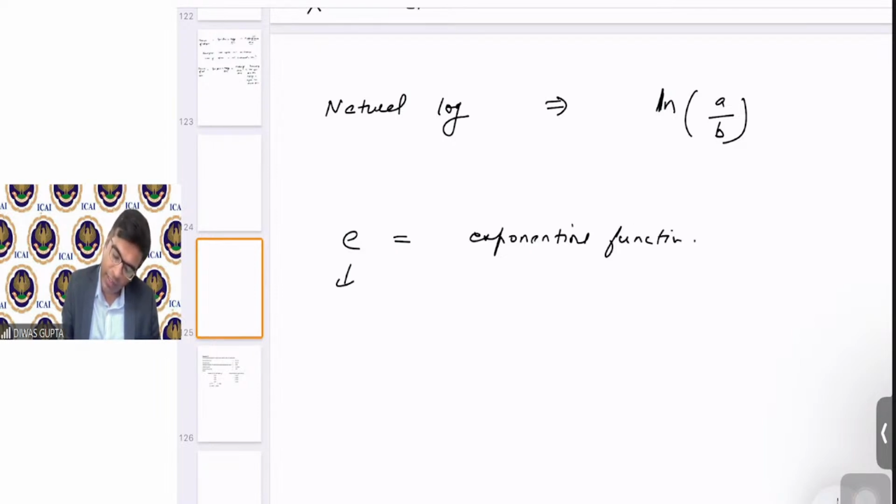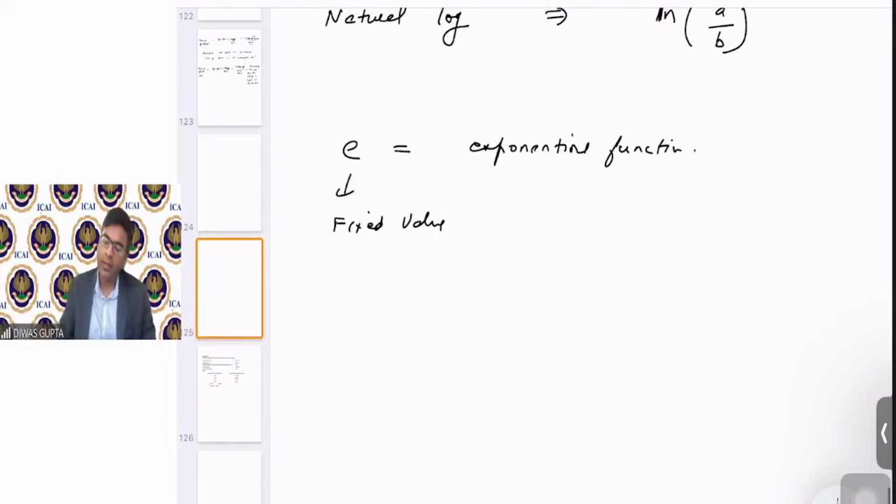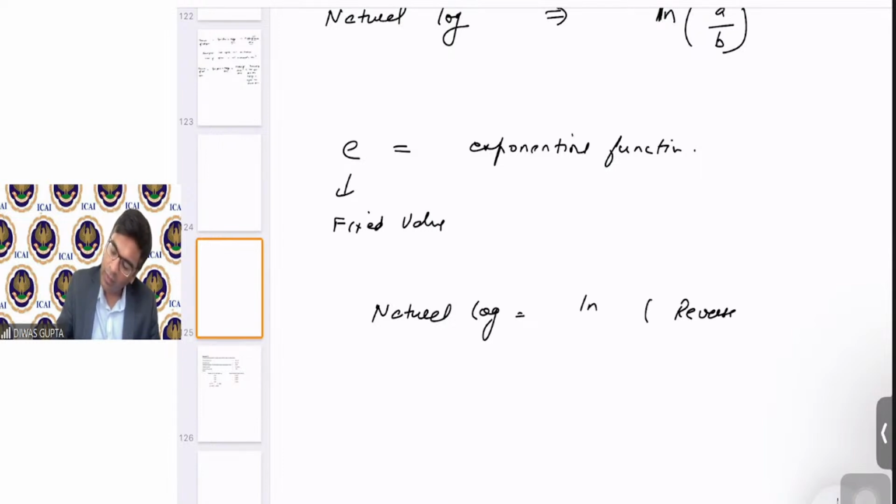And this is a fixed value. E has a fixed value. So just to make you understand the interlinkage between E and this, natural log is actually LN. This is the reverse of E.